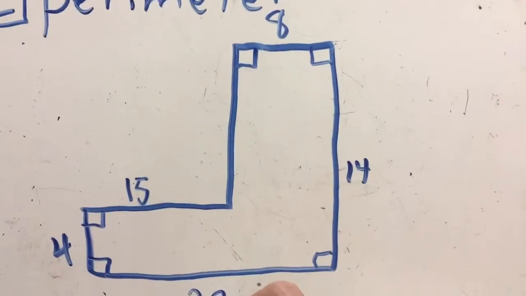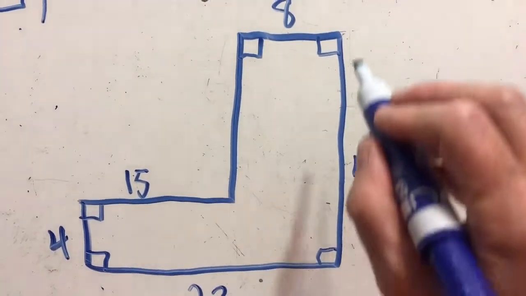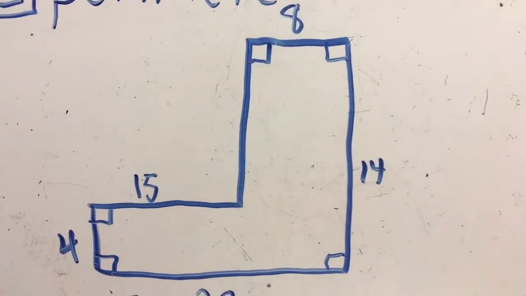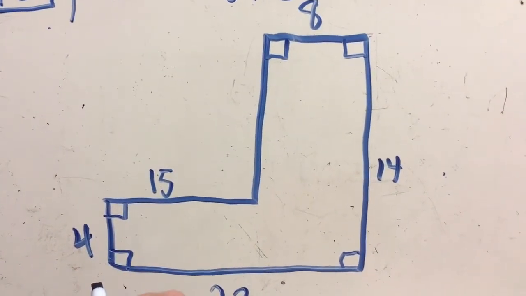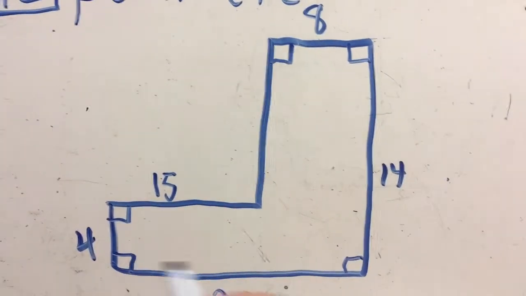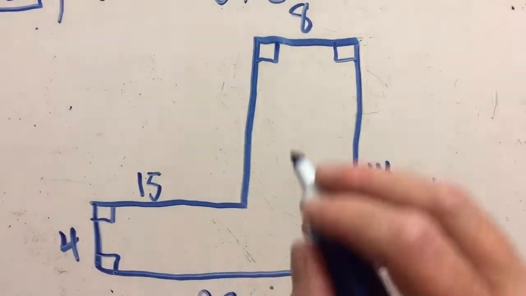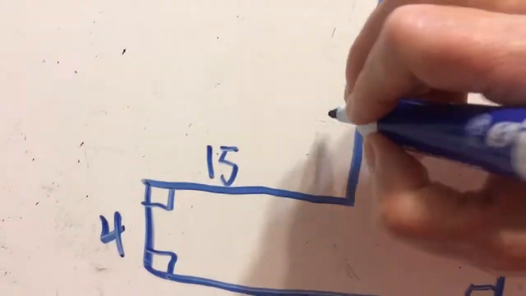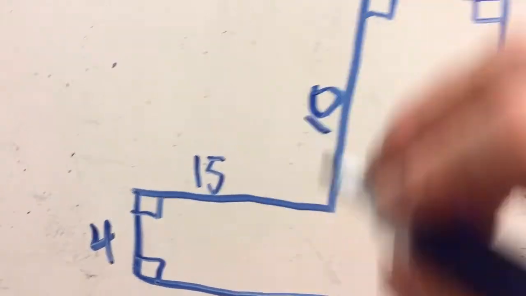Okay, and then since this on this side is 14 and this is 4, doesn't this one have to be what's left between 4 and 14? It's got to climb up to 14 somehow, so this one right here needs to be 10.